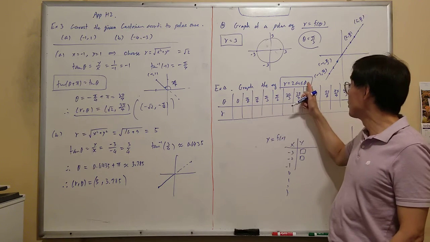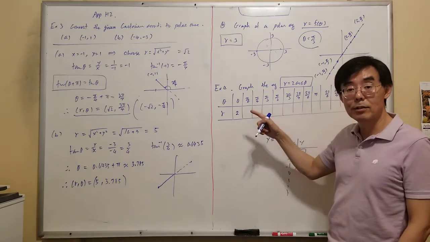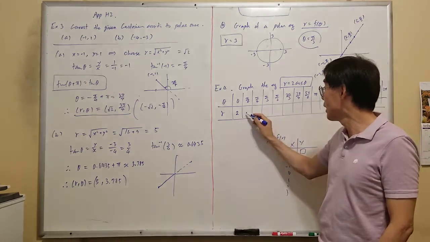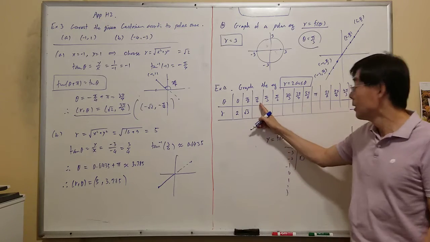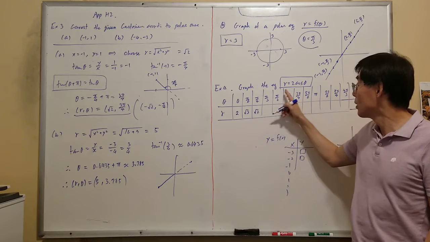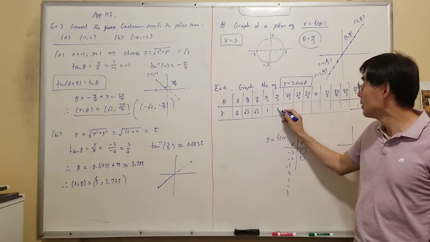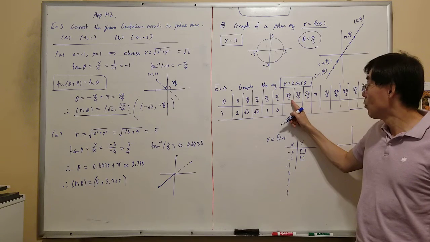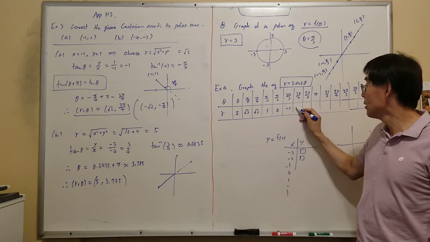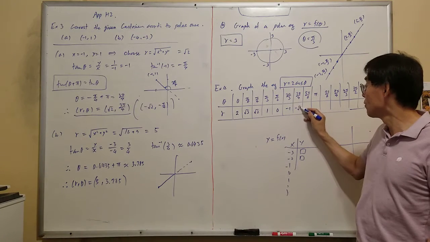When theta equals 0, cosine 0 equals 1, so r is 2. Cosine pi over 6 is square root of 3 over 2, times 2, so square root of 3. Square root of 2 over 2 times 2, square root of 2. 1/2 times 2, 1. Cosine pi over 2 is 0. Minus 1/2 times 2, minus 1. Minus square root of 2 over 2 times 2, minus square root of 2.